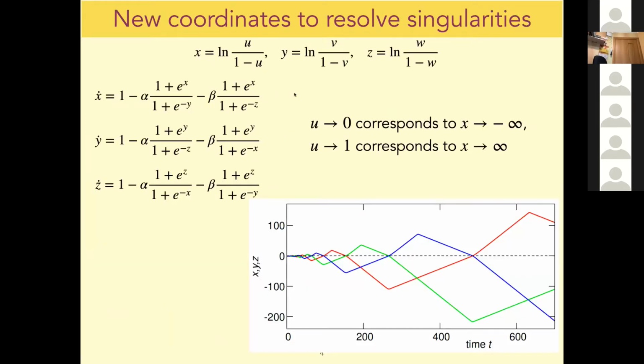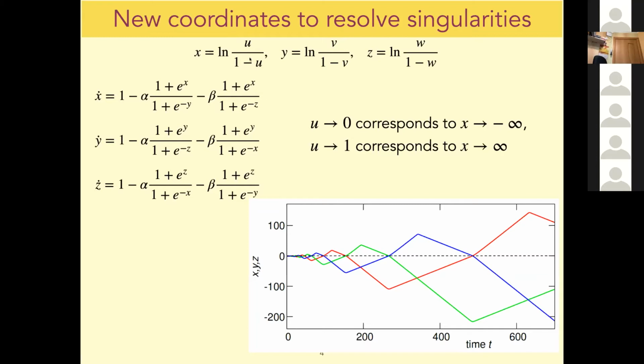For the future, it will be more suitable to use new coordinates to resolve singularities. The cycle spends a lot of time close to 0 and to 1, but it is better to resolve this by introducing such a variable x, and correspondingly y and z, so that states close to 0 correspond to large negative values of x, and states close to 1 correspond to large positive values of x.